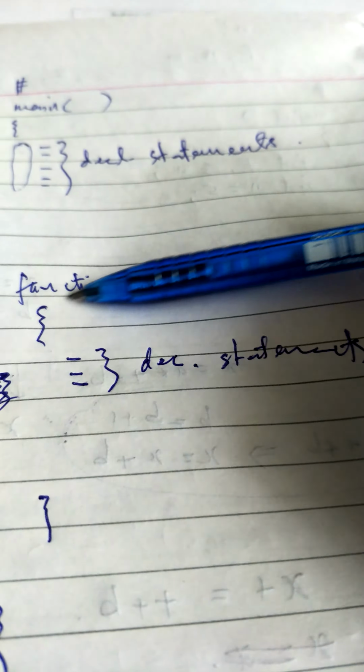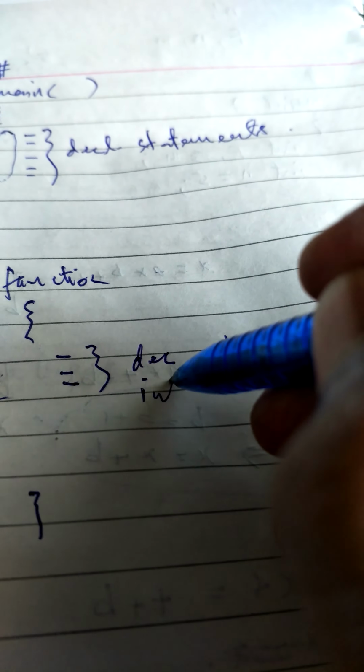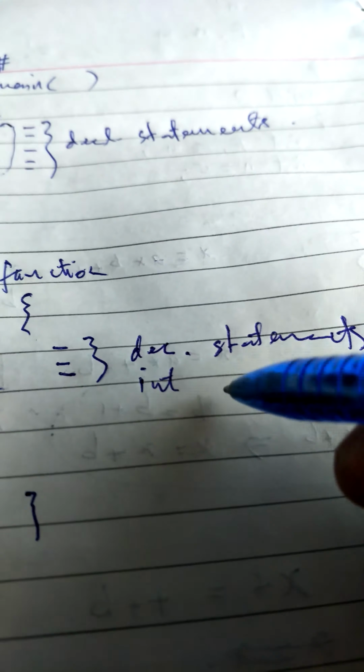Example, if I put integer a, this integer a can only be used in this function. If you use this a in here, then it will give an error, because this a will not be recognized here. For this case, we call this a local variable.